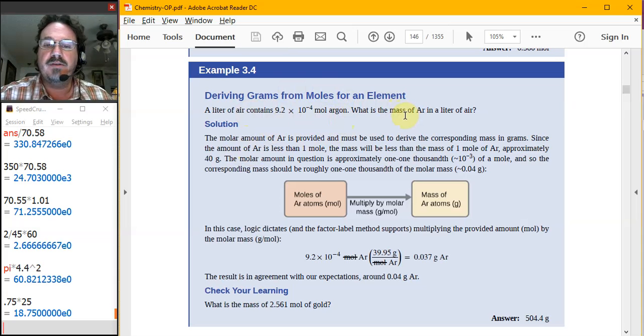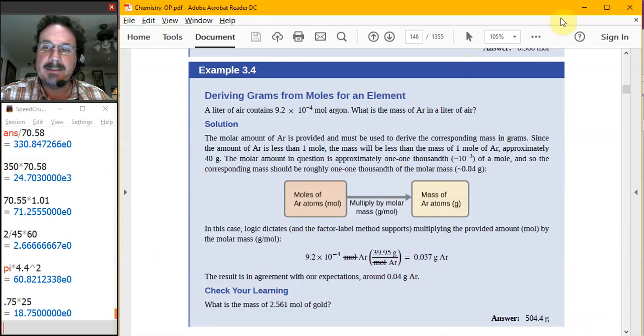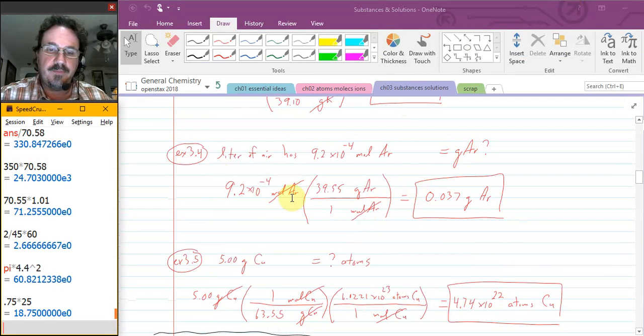What is the mass? So I'm trying to convert moles to mass, which would be grams. Moles to grams, again, that's off the periodic table. Here's argon, 39.948 grams per mole. Let's set that up: 9.2 times 10 to the negative 4 moles of argon. I'm putting moles on the bottom this time, so it'll cancel. Grams goes on the top.